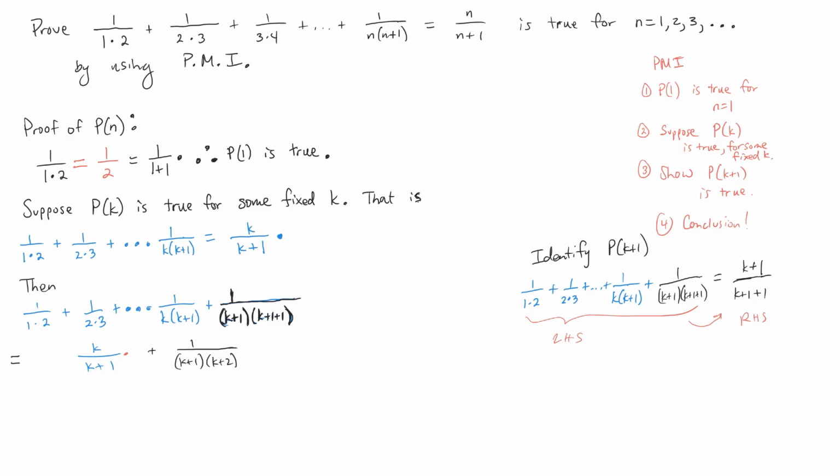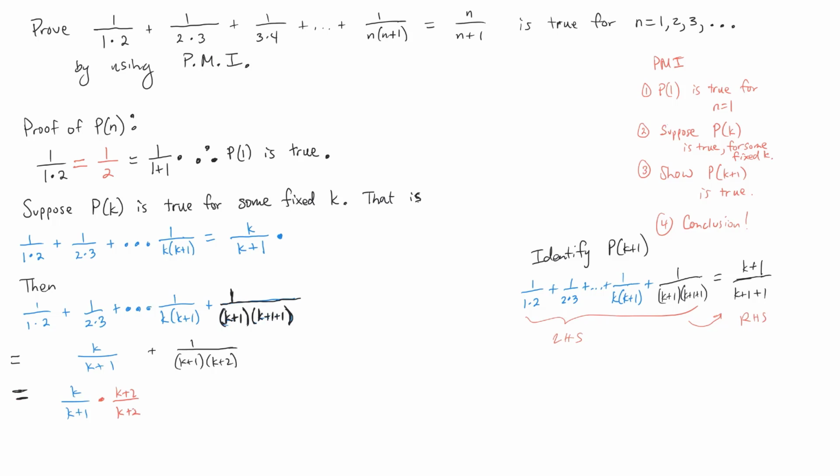Now, I started writing something. Why don't I write it on a separate line to be clear? This is now equal to k over k plus 1. We need a common denominator. This is just like what you did with P of 2. If you go back and look at P of 2, you're going to realize this is exactly what we were doing even when proving the statement P of 2.